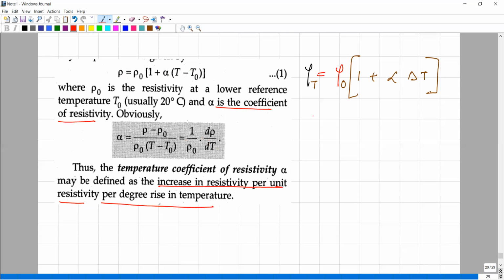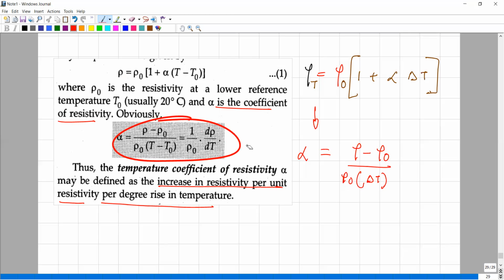From this expression, you can deduce that alpha will become the change in resistivity over the original resistivity times the change in the temperature.